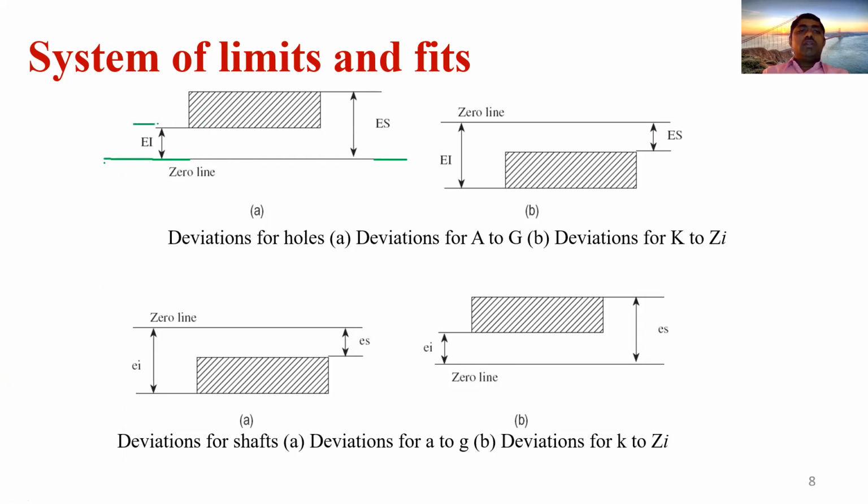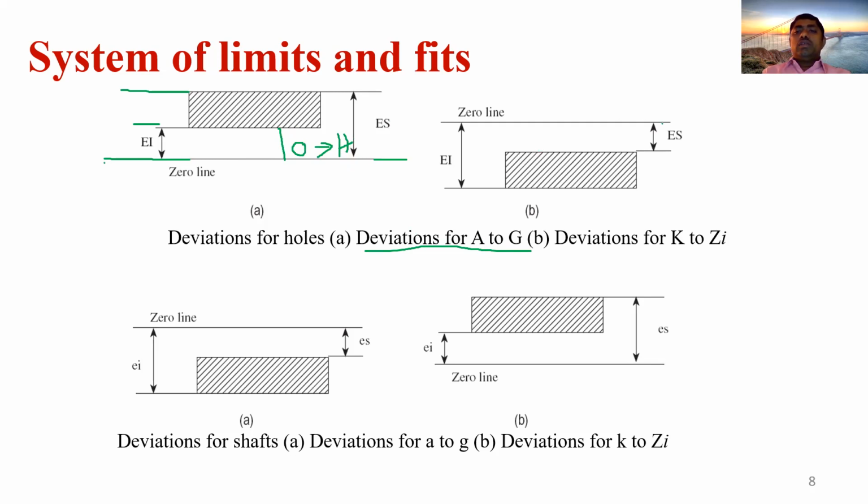This is the lower limit of the hole, and this is the upper limit of the hole. This difference is called the tolerance. This deviation is valued from capital letter A to G. For H, this deviation is 0. H is the basic hole.